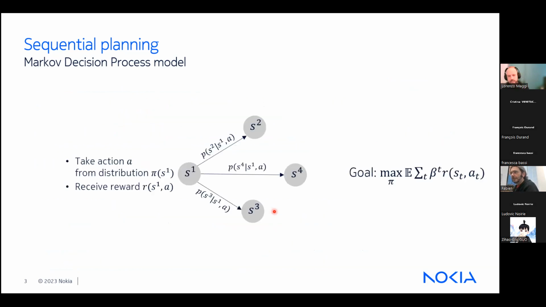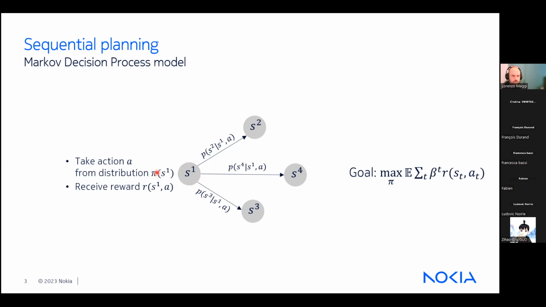And this is, let's say, a pictorial view. Suppose that we are in this state S1. We take an action A from a distribution pi, which is actually our policy. First disclaimer: this pi is sometimes a distribution, and sometimes it is actually an action, when the distribution is deterministic, in some parts of the presentation, but we will see that.